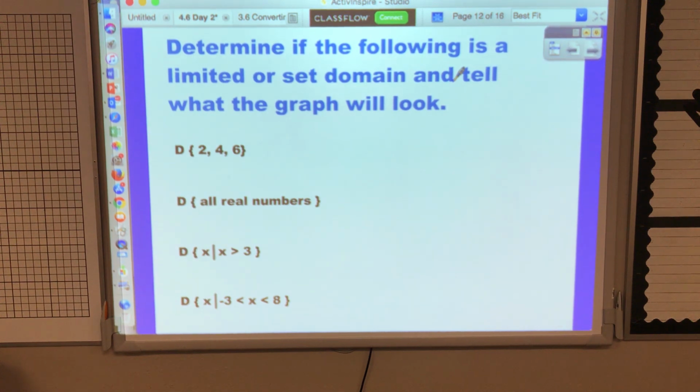So let's look at these. Determine if the following is a limited or set domain and tell what the graph will look like. Okay? So here our domain is 2, 4, and 6. This is a very set domain. It's completely limited to only 3 values.